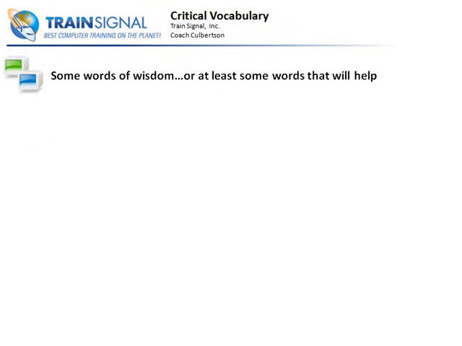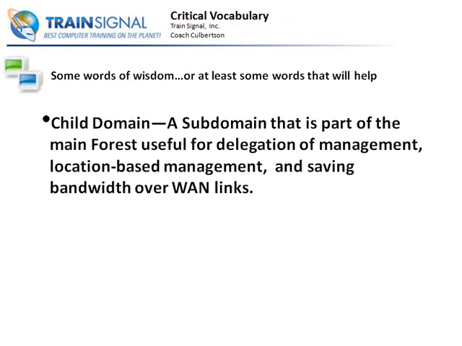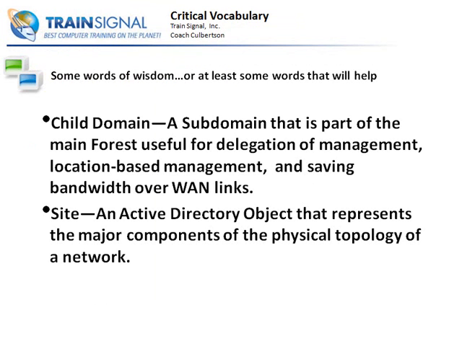All right, so let's go through some critical vocabulary here real quick. First of all, of course, we did the whole child domain thing. And that is a subdomain that is part of the main forest and it's useful for delegation of management, location-based management, and saving bandwidth over WAN links. We talked about that. Sites, an Active Directory object that represents the major components of your physical topology of your network.